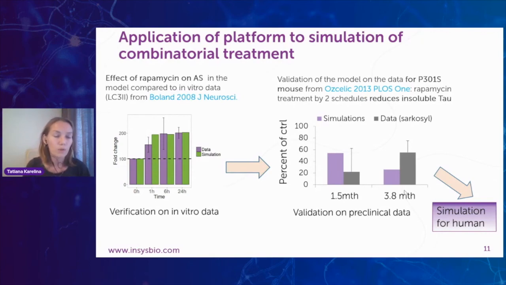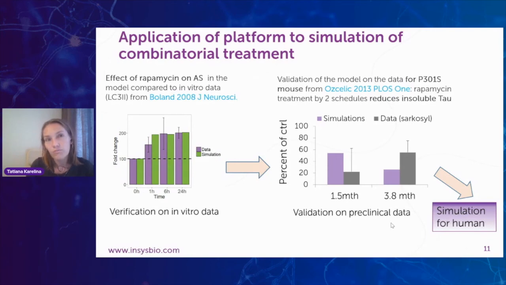Previously, when we were developing our neuron homeostasis model, we verified it on the in vitro data for rapamycin treatment. And that's how we verified some of the parameters of rapamycin effect on autophagy. And then we have taken preclinical data for transgenic mouse to validate our model independently.